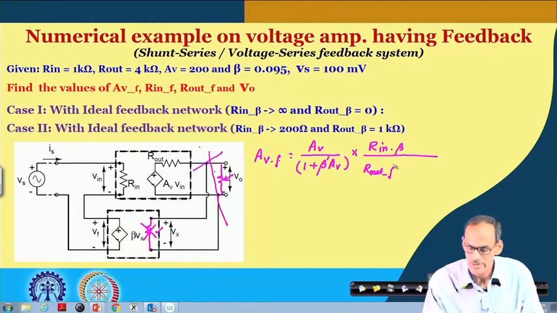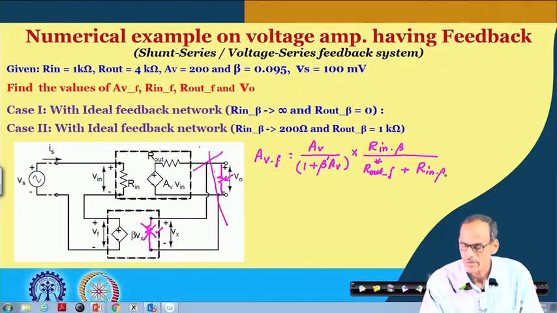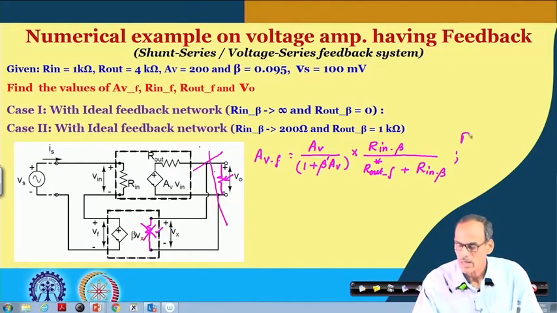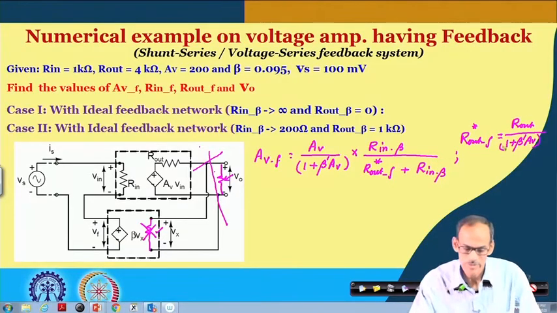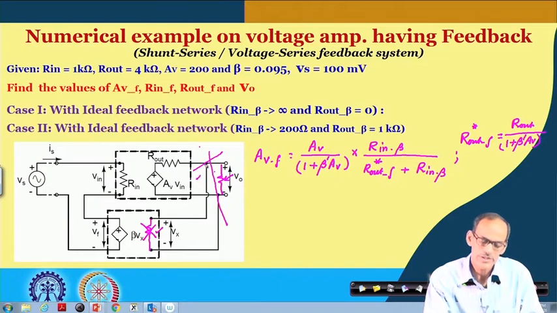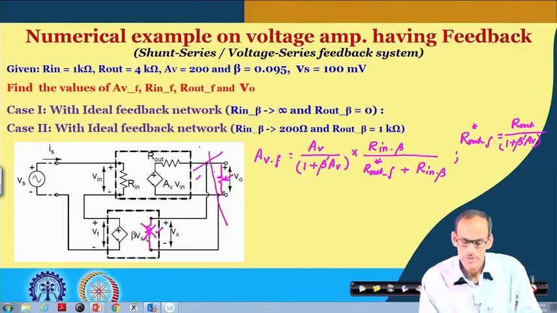Let me call this R out F star, plus R in beta, where R out F star is essentially R out divided by 1 plus beta dash into AV. That means the output resistance we have without considering this R in beta.